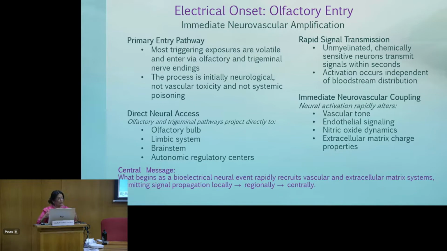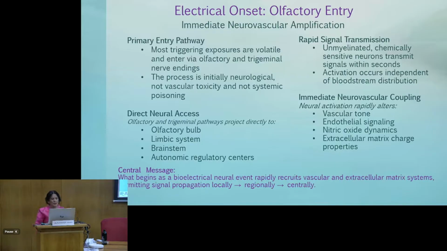And then the body starts reacting at a lower level. And so the unmyelinated neurons transmit the signals within seconds. So the patient comes and smells something and immediately starts developing symptoms. And this is why they think it is psychogenic, but it's not. This explains how it happens.